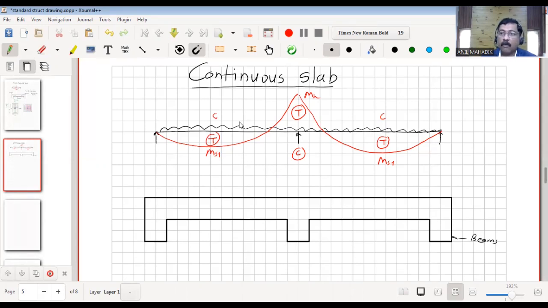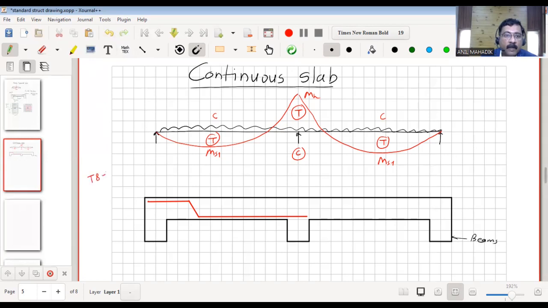So let's say what I mean by that. For this tension, we will provide AST. So it will be like this. Then from here, we will provide a bent up like this, and it will go like this. So this is your bar. Assume your steel is, let's say, T8 as per design.